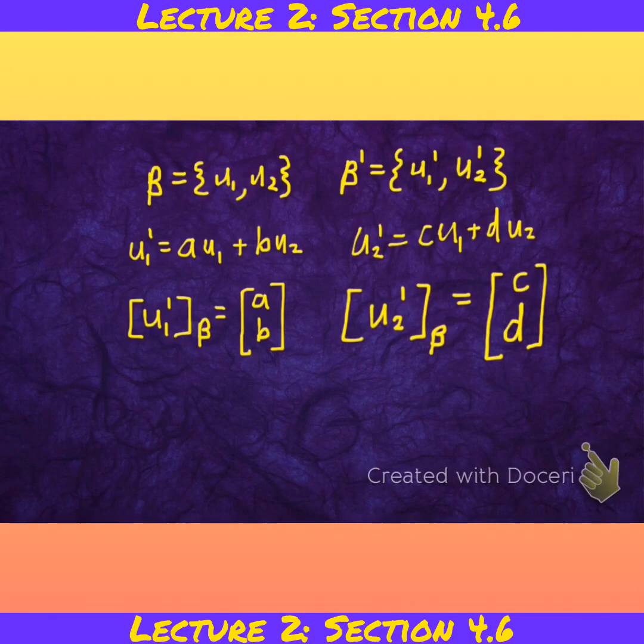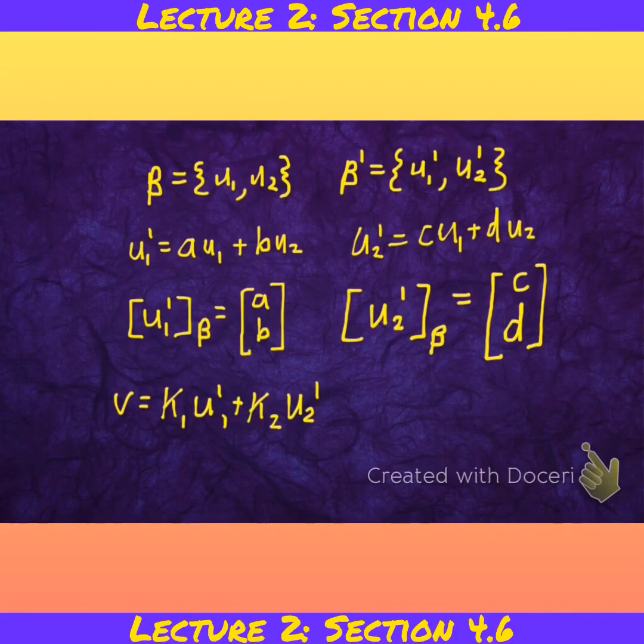Now let's take a vector v, and we write that vector v as a linear combination of the vectors in B prime. There's that linear combination. So what is the coordinate vector of v with respect to the basis B prime?